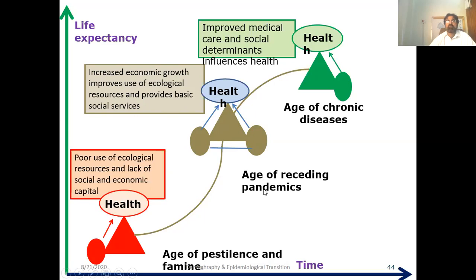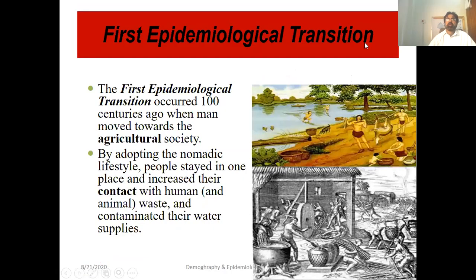So that was the age of receding pandemics, and the age of chronic diseases: improved medical care, and social determinants influence health. More and more facilities were available to people, and the people got more life expectancy. They crossed the ages of 80 years, 90 years, and 100, and that's why so many degenerative diseases took place among this population.